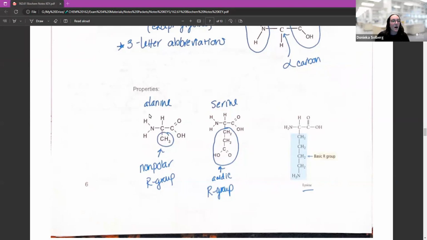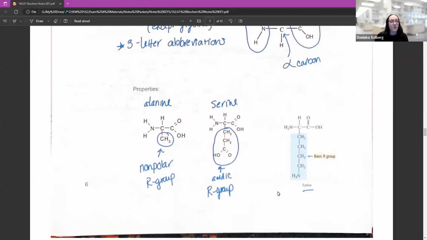Alanine is this amino acid, and its R group is a methyl group. Nonpolar group, right? Methyl is nonpolar. This is what changes the properties of all of our amino acids. So serine, on the other hand, looks like this. Its R group is this guy. Notice it's got a carboxylic acid on the end. So this is going to be a polar and acidic R group because it has a carboxylic acid on the end.